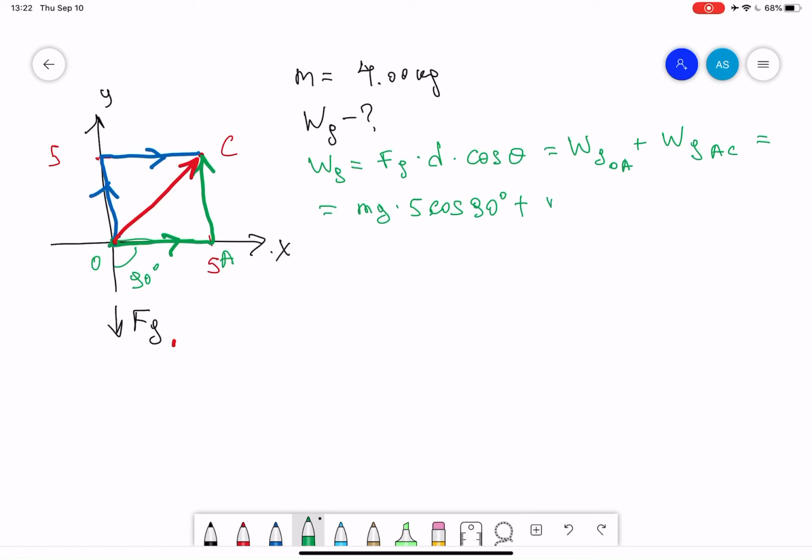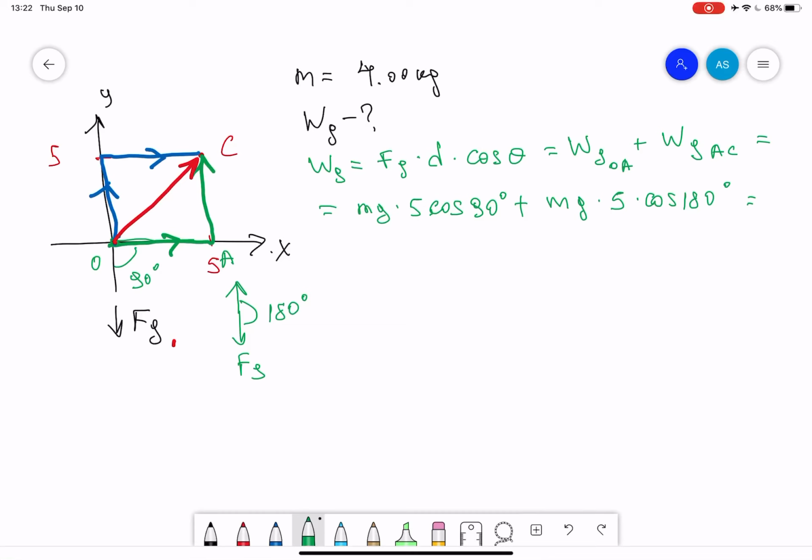That will be mg multiplied by 5 meters, the distance, and the angle between them will be cosine. As you can see here, our Fg is pointing downwards and our path is upwards, so the angle between them is 180 degrees. Now let's do the calculation.